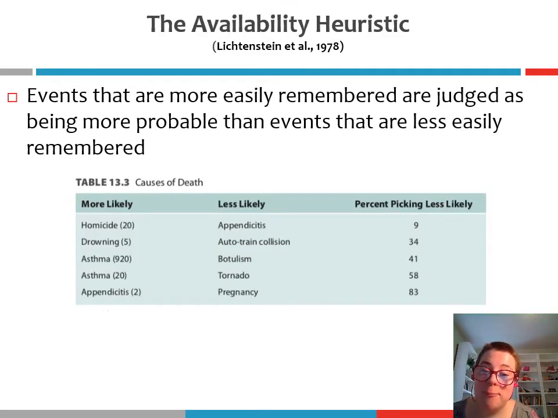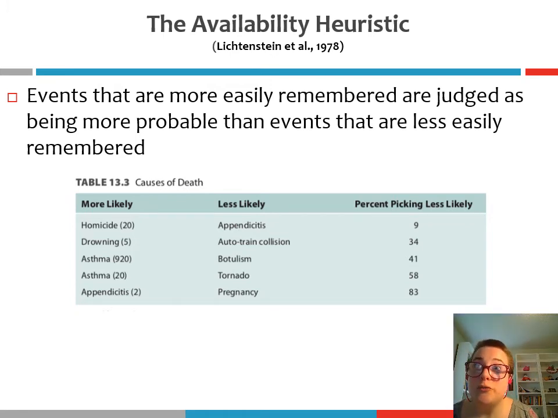Okay, so as it happened, researchers actually posed this same question to participants in an experiment in 1978, right? So in this slide, I have a table showing their results, okay? So let's break down this table together. So this table shows the results of, like I said, experiments in which people were asked to judge the relative prevalence of various causes of death.